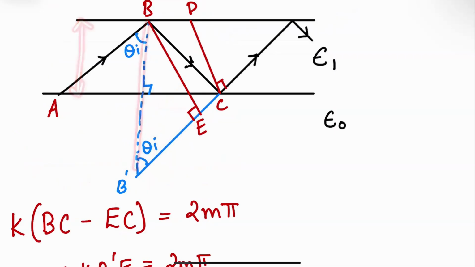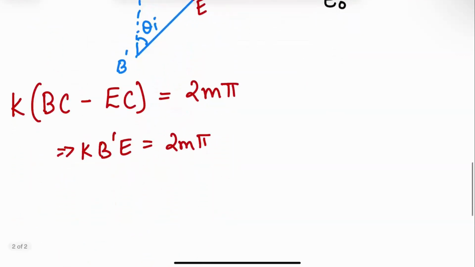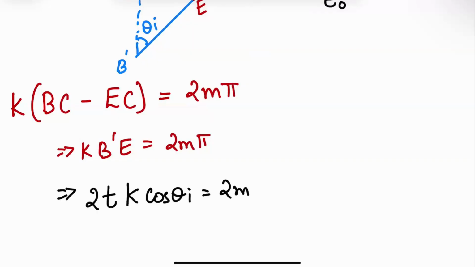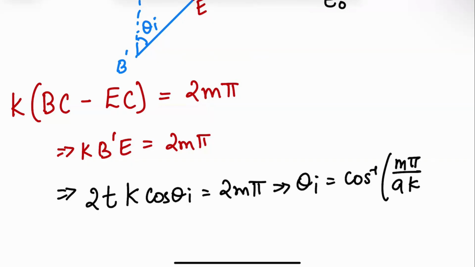So if I label the thickness as T, then 2T times K cosine theta I is equal to 2m pi, which implies that theta I is equal to cosine inverse of m pi over TK. And this is an important relationship.